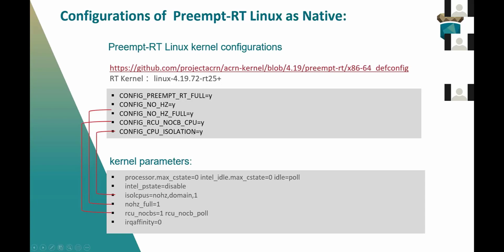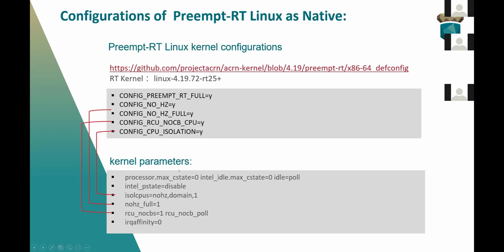Usually for the PREEMPT_RT Linux, we allocate at least 2 cores. We can isolate 1 core as the RT core, just running the RT task, and the other cores can run the interrupts, kernel threads and other tasks.